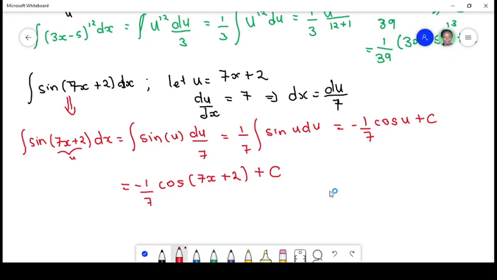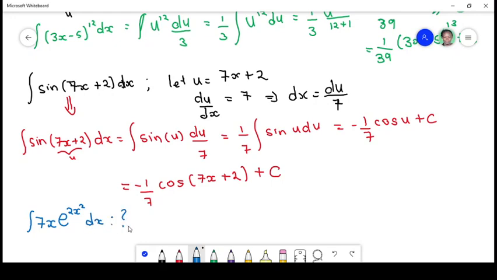Okay, so why don't you try this and give your answer in the comment section. Try the integral of 7x times e to the power 2x squared dx.